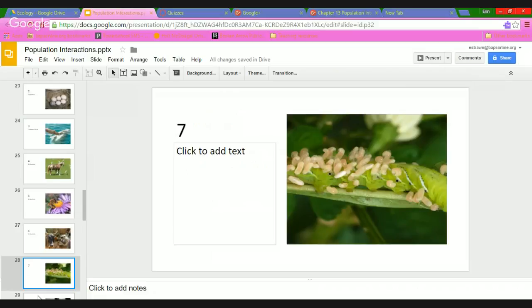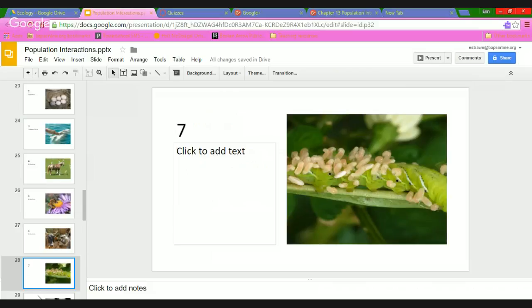Let me tell you what's happening in this picture. So a particular species of wasp lands on the back of this caterpillar, and using a modified stinger, he injects his eggs underneath the skin. The caterpillar continues to live with these baby wasps growing inside of him until a point that they're large enough that they can crawl out as larvae, and they eat the caterpillar while it's still living until they become too large and they burst out of his body and go off to make their own way.